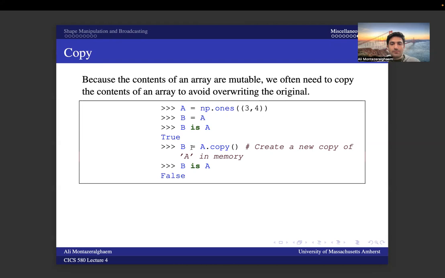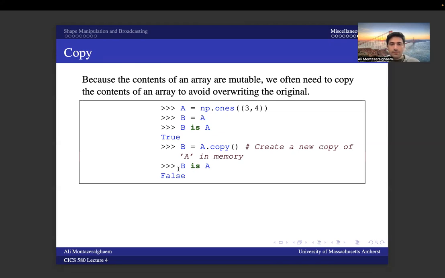Here we call a function copy with parentheses for the first two-dimensional array, and then assign this to B. So this creates a new copy of A in the memory.